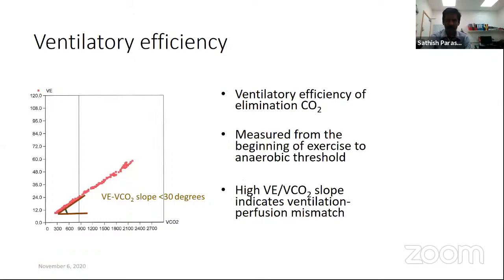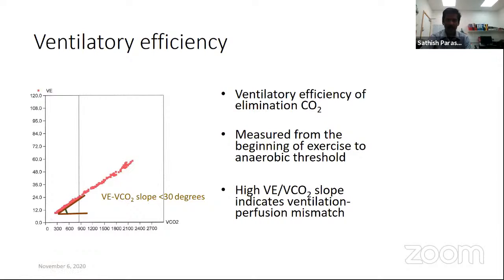Ventilatory efficiency. Whenever we read heart failure papers, they talk about ventilatory efficiency. It is this plot, which is the carbon dioxide produced on x-axis against the ventilation on y-axis. Although it looks very scientific, it's not.